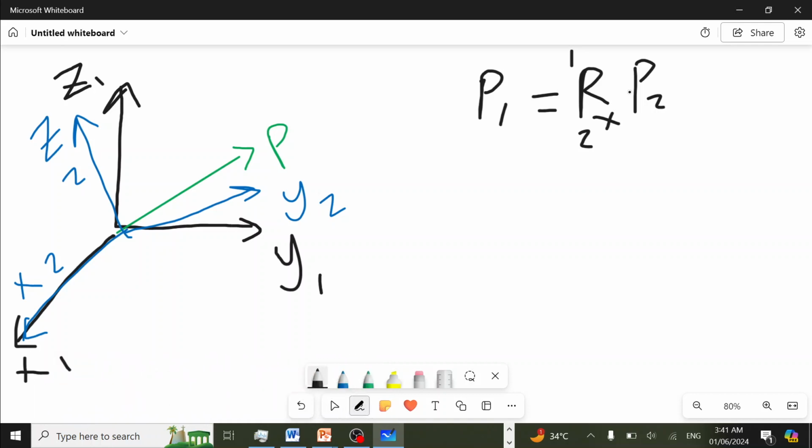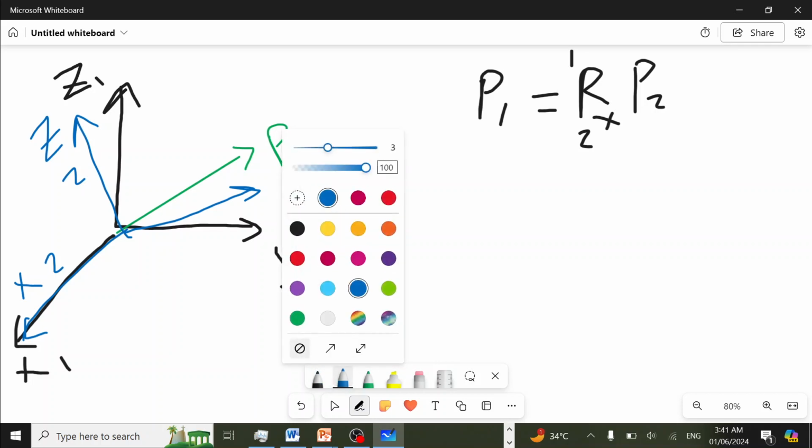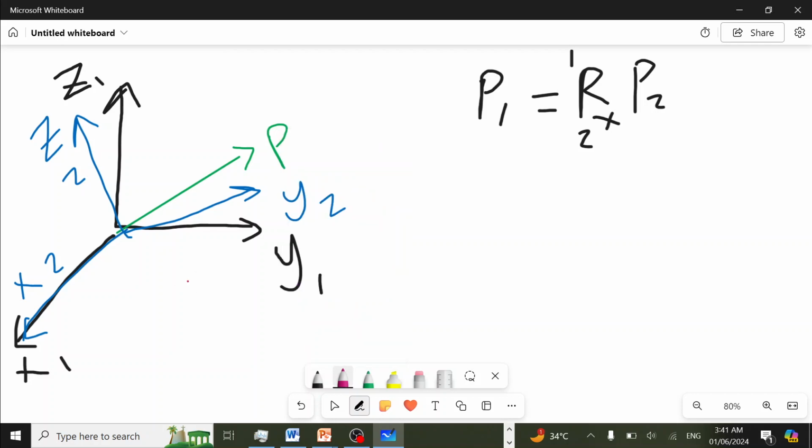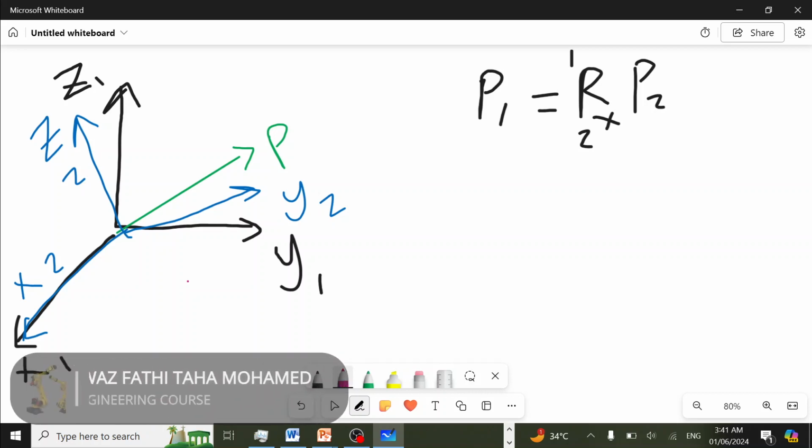If we make another rotation matrix, for example, around the y-axis.